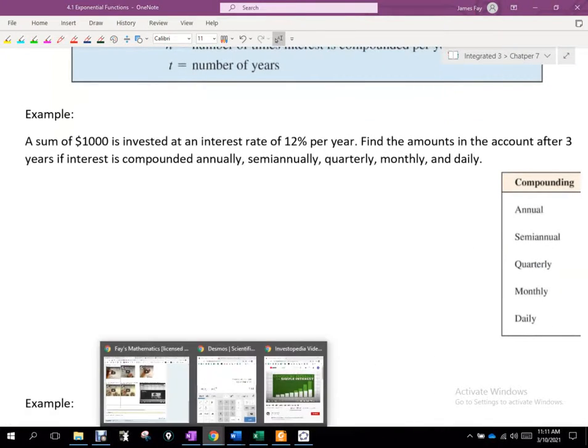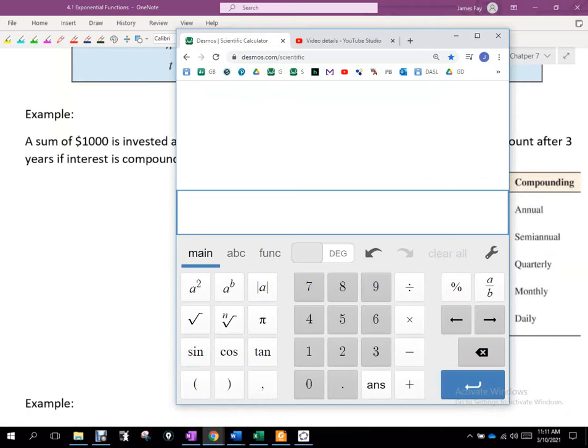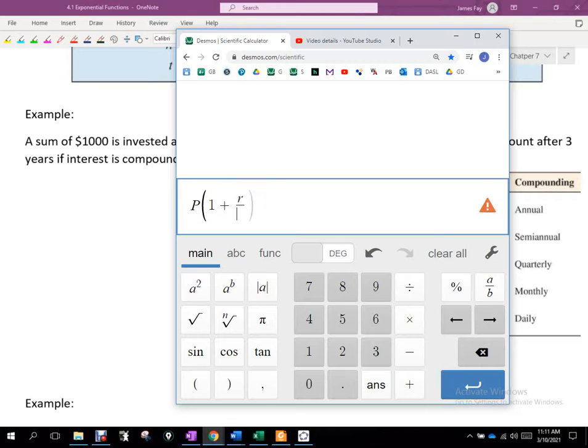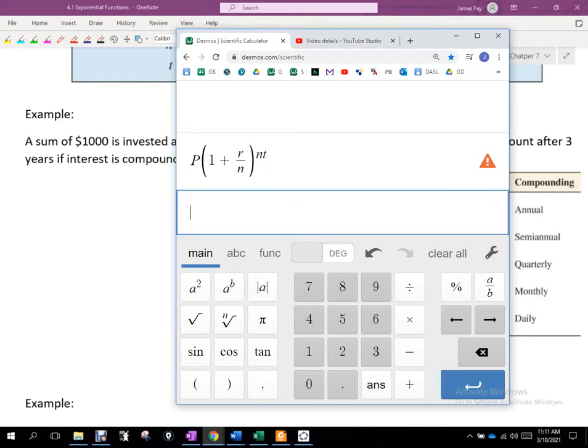I'm going to open up Desmos, all right? I'm going to type in P times 1 plus R divided by N raised to the NT. I'm going to type in that formula, okay?